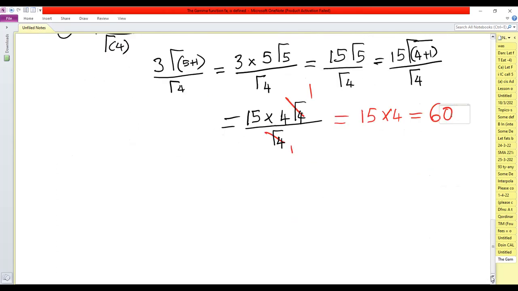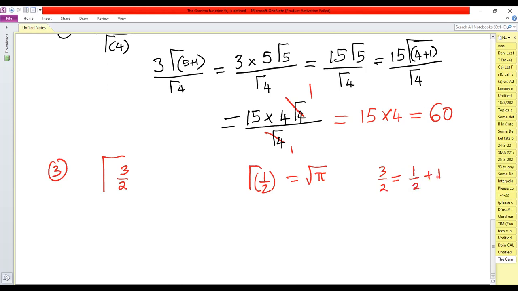And then part 3 of this problem was to evaluate gamma of 3 over 2. Now, we know that gamma of a half is given by square root of pi. So 3 over 2 can be written as a half plus 1.